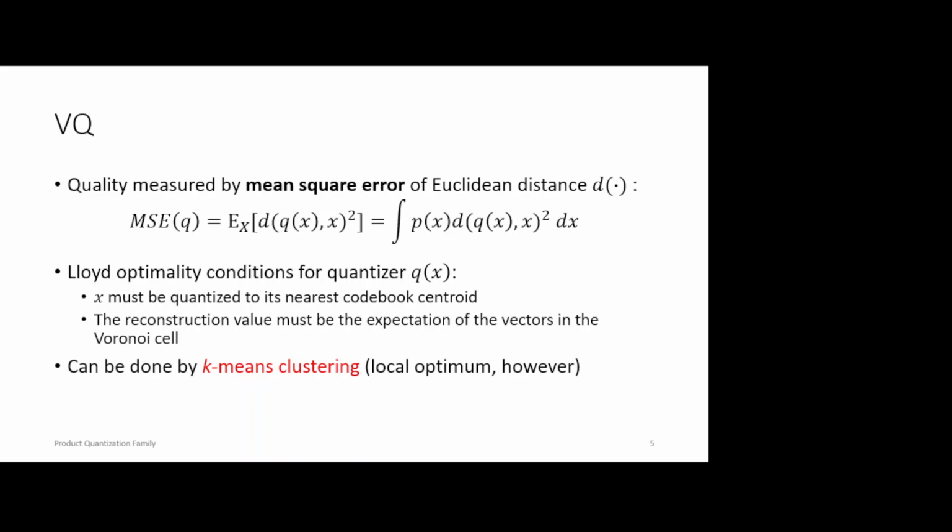Based on the mean square error, there are the Lloyd conditions, the optimal conditions for the quantizer Q. There are two key points. First, the original data x is quantized to its nearest centroid, like the k-means process, right?